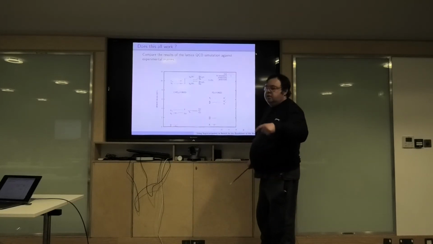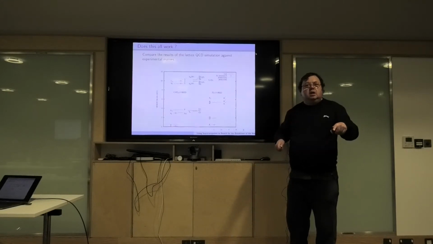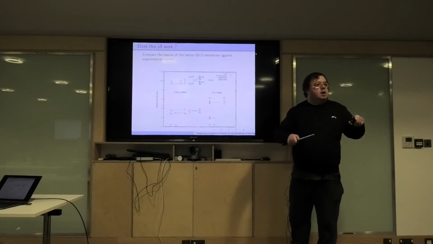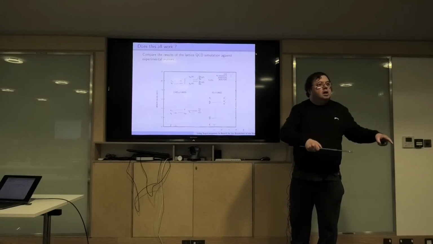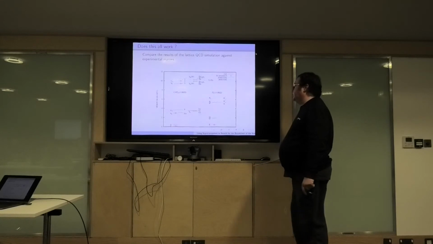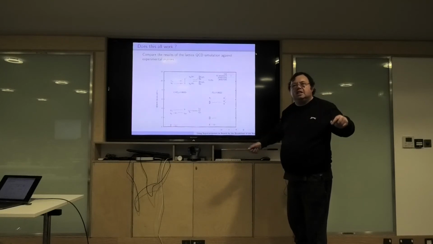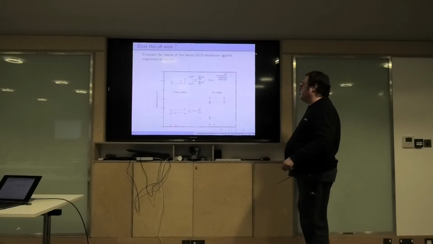Some things we have to input to the calculation, like the quark masses, so some particles are input and some are predictions. This is a comparison of theory against experiment, and the fact that all these things line up shows that what we're doing is not crazy, it's working reasonably well.